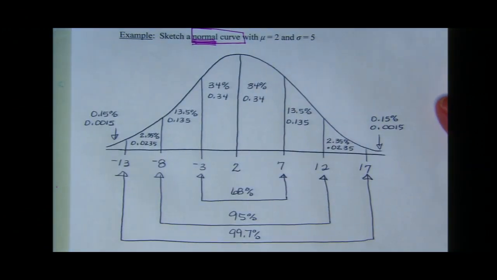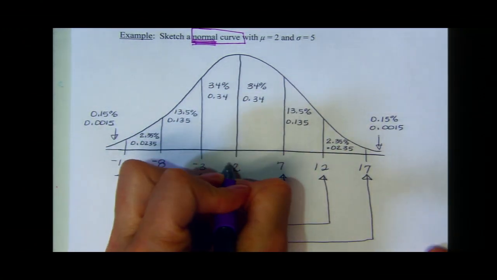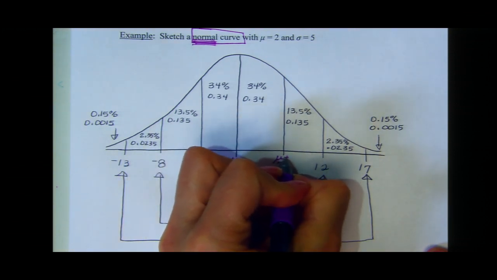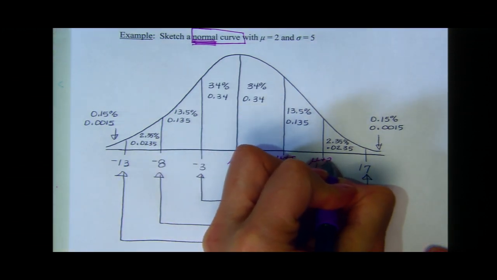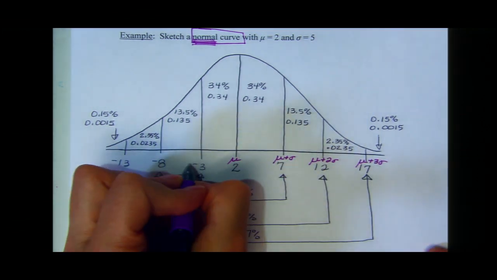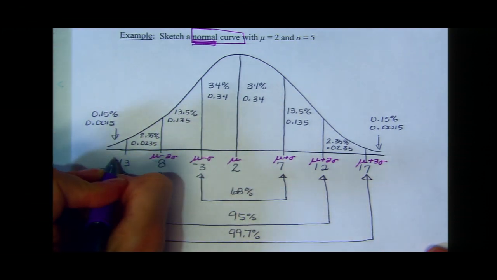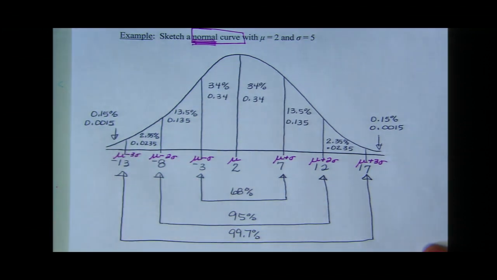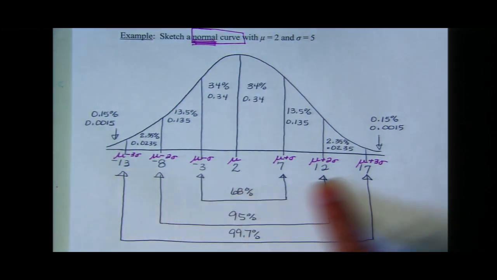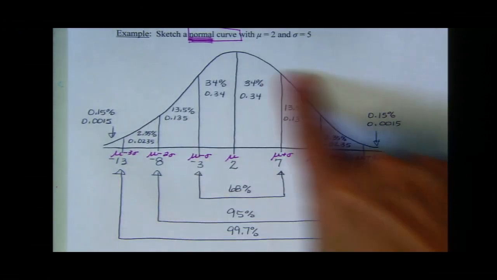So this curve right here, all of these percentages, because remember, this is mu plus 1 standard deviation, mu plus 2 standard deviations, mu plus 3 standard deviations. And to the left, we have mu minus 1 standard deviation, mu minus 2 standard deviations, mu minus 3 standard deviations. So as long as we have a normal curve, we will always apply these values. And that's what we are going to look at next. So keep this handy because we're going to use these numbers.